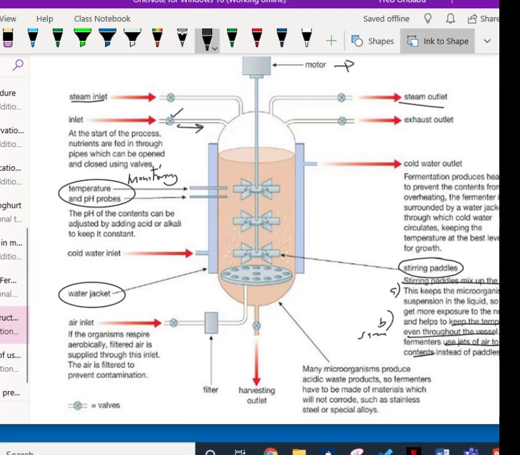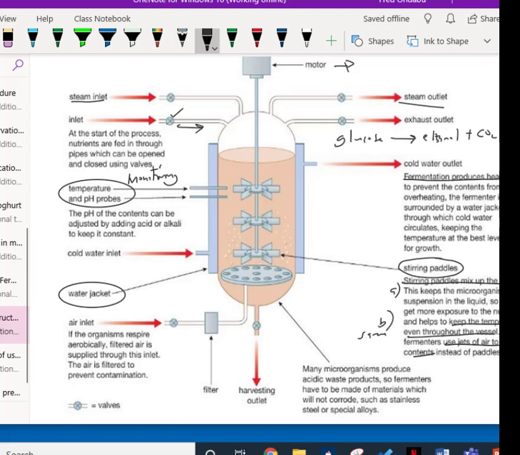Fermentation produces heat. Remember, when glucose undergoes fermentation, it produces ethanol as one of the products, in this case, then carbon dioxide and also energy. This energy comes out in the form of heat.